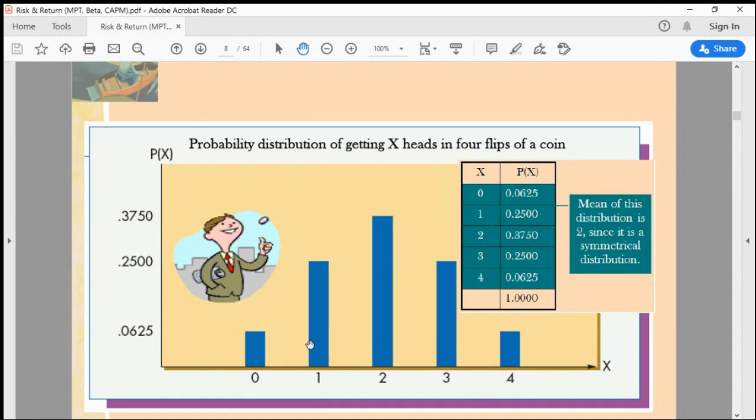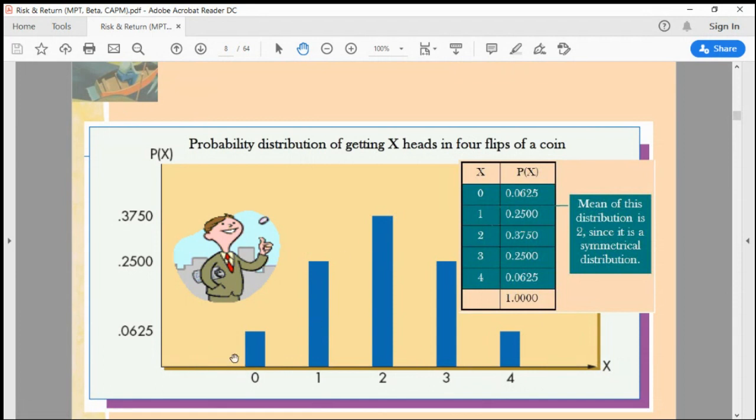And this is one head, three tails, two heads, two tails, and so on. But if you do these experiments, you will see the distribution would look pretty much like this.